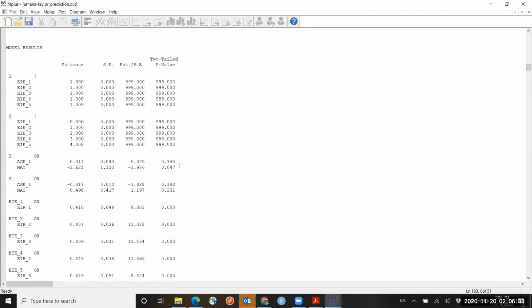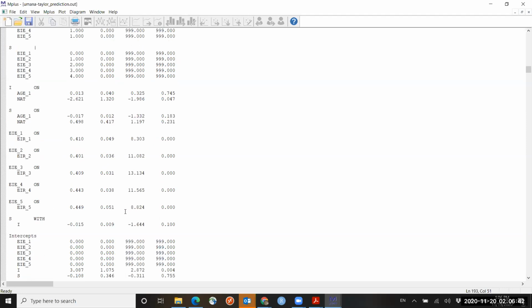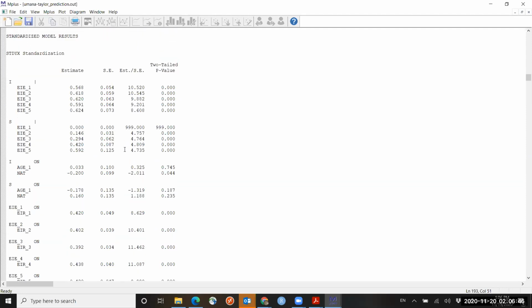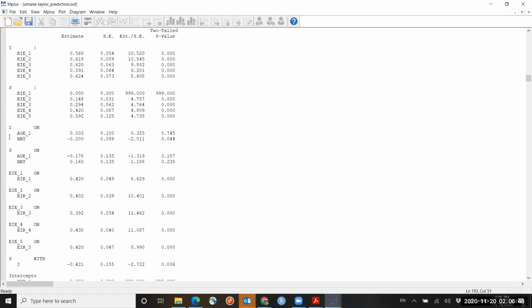Okay, now going down to the results. Here we will focus on the standardized results because we want to look at the regression coefficient. So we skip the unstandardized. The standardized result shows that both age and the country of origin have a significant effect on the intercept.